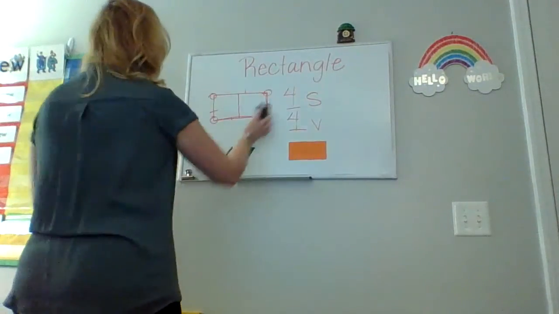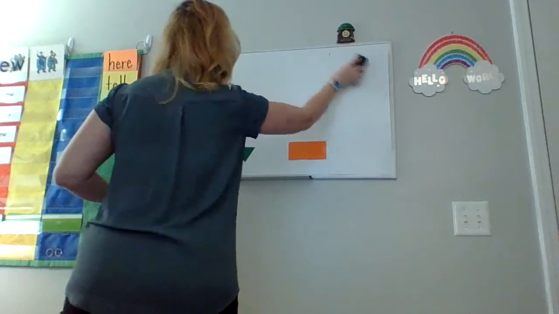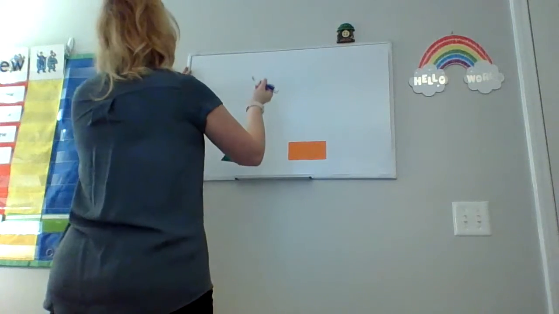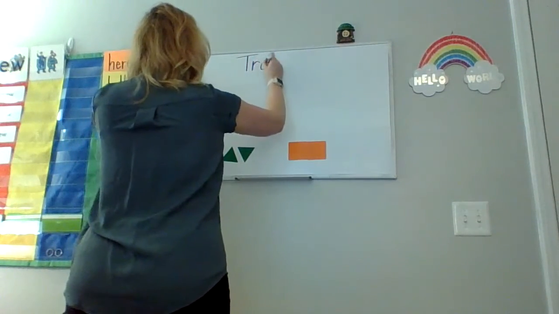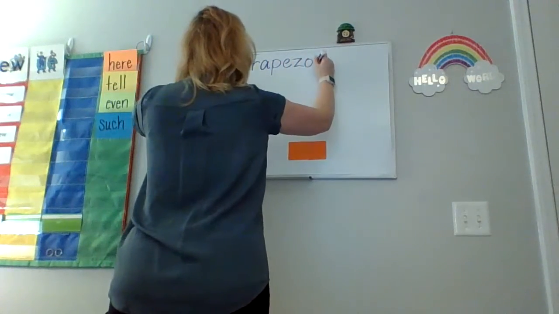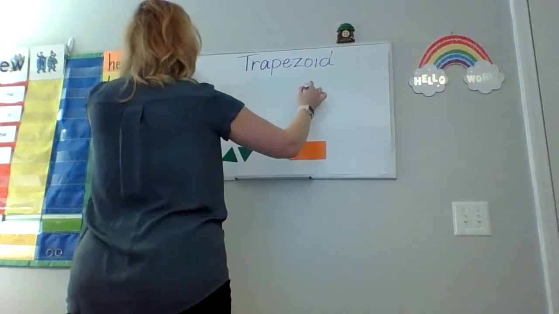Alright, next shape I'd like you to draw. Let me get my eraser. Dun dun dun dun dun. Okay. I would like you to draw a trapezoid. And remember, a trapezoid looks a little bit like an upside down flower pot.